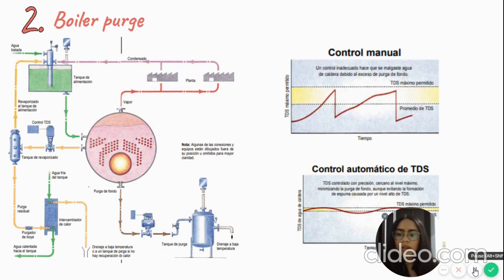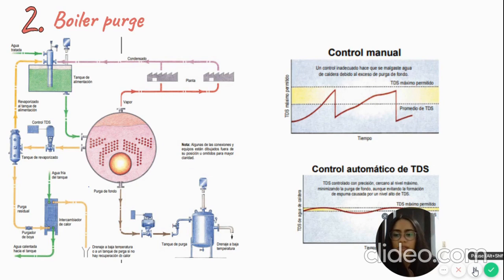These products are deposited on the heating surface and auxiliary equipment, affecting the efficiency and productivity of the plant. The problem can be solved by keeping the TDS level close to that recommended by the boiler manufacturer, usually between 2,500 and 3,000 ppm for a medium-sized boiler.